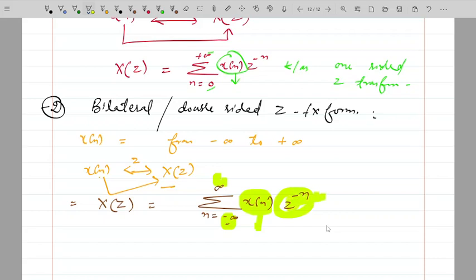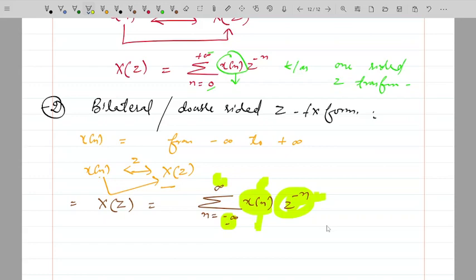The z to the power of minus n has real and imaginary parts, and that will be multiplied with these discrete values from minus infinity to plus infinity, and these values are analyzed with the help of the bilateral Z transform.